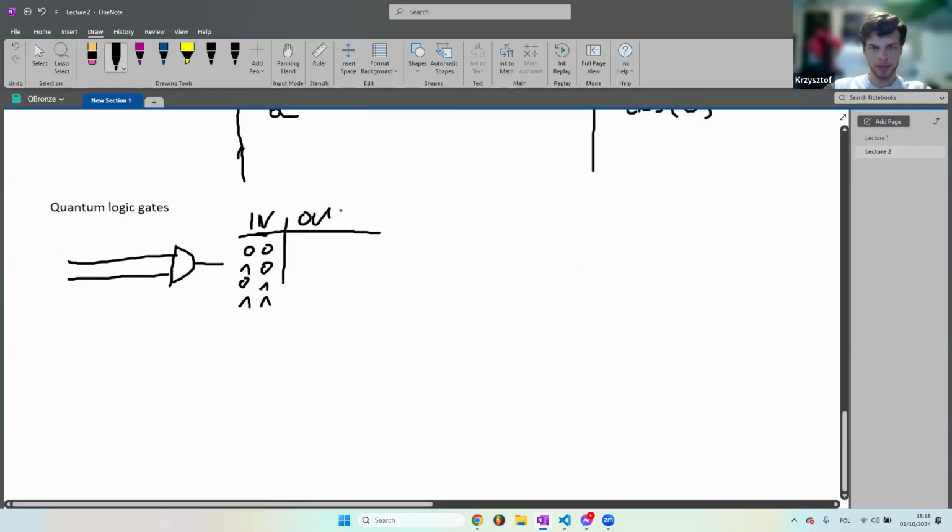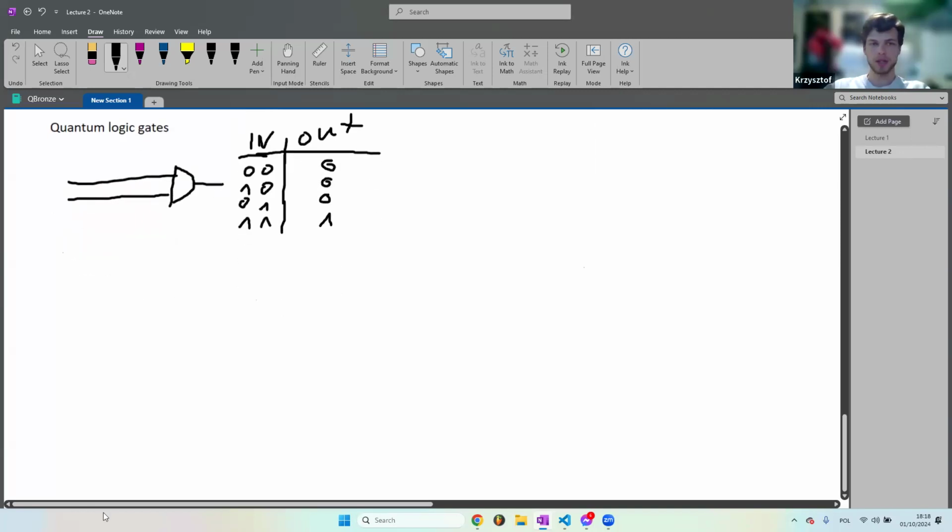The output of this AND gate depends on both states. The result is 0 for the first three, but if both are true, then the result should be 1. But in quantum logic gates, these are classical.